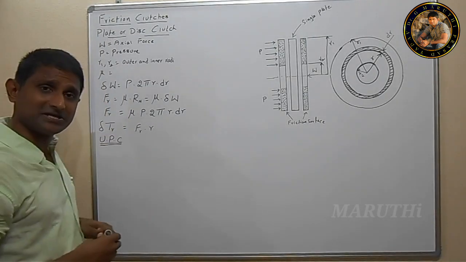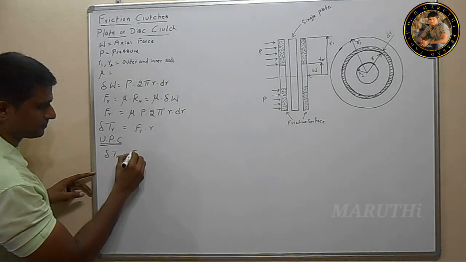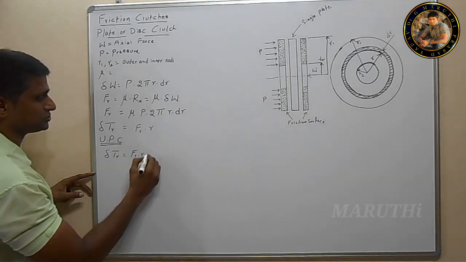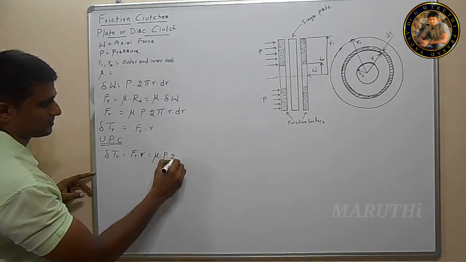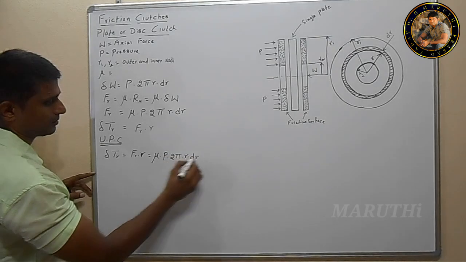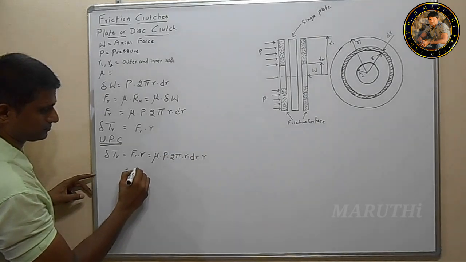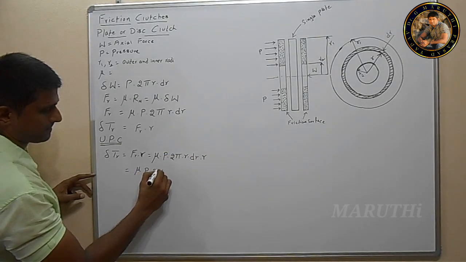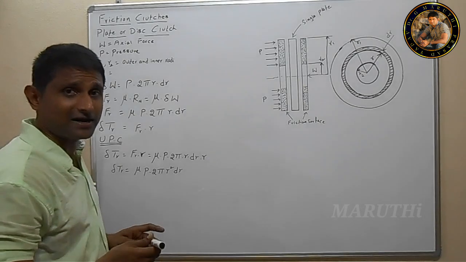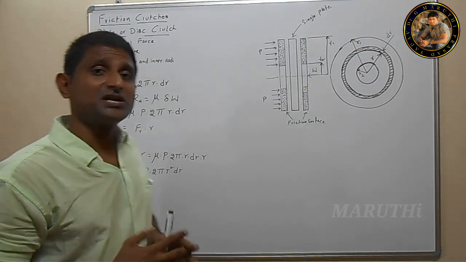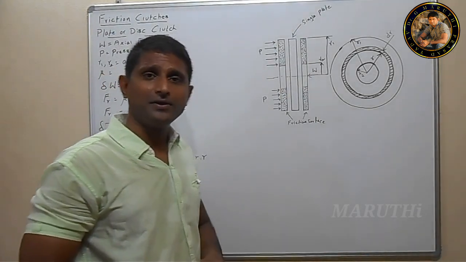Here under the uniform pressure condition, the torque is the frictional force Fr into R. As we consider the pressure is uniform, the pressure equals load per area.